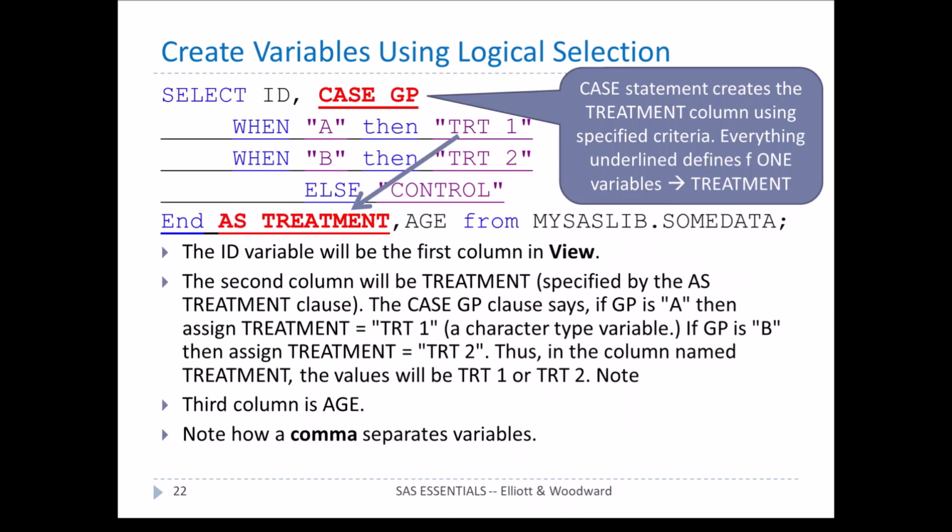Notice there's an END, and then you see as treatment. So we're creating a second column called treatment by using this information in the CASE GP statement. And this statement says when GP is A, then the value of treatment is going to be TRT1. When the value of GP is B, then the value of treatment is TRT2. Otherwise, or else, the value of treatment is control.